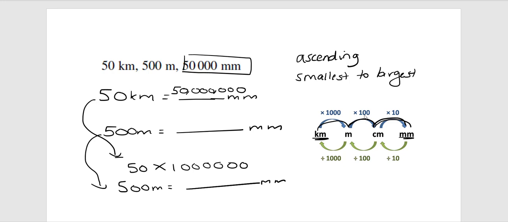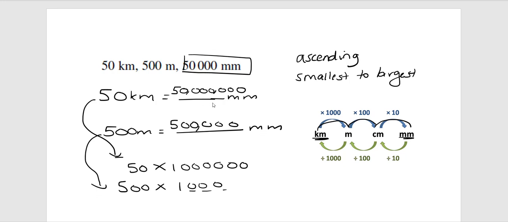So altogether I've got 1, 2, 3 zeros. So 500 times 1,000. So write down 500 and add those 3 zeros. So 1, 2, 3. So 500 meters is equal to 500,000 millimeters.